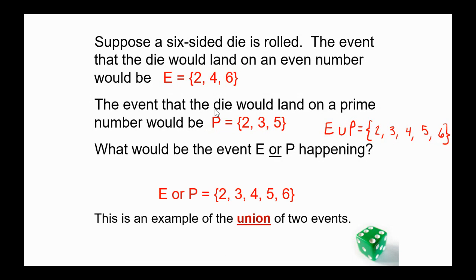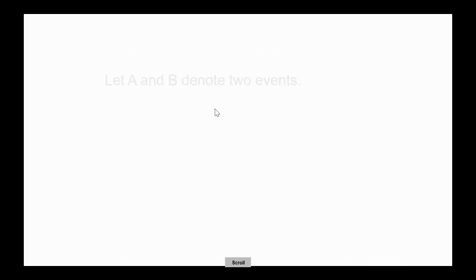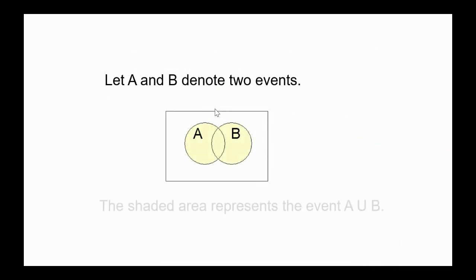Now let's look at a Venn diagram for unions. If A and B are our 2 events, we could represent the union by drawing a circle for A and a circle for B, and everything inside those circles is included in the union.